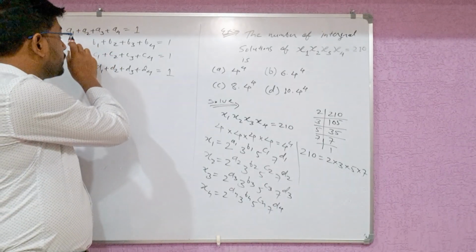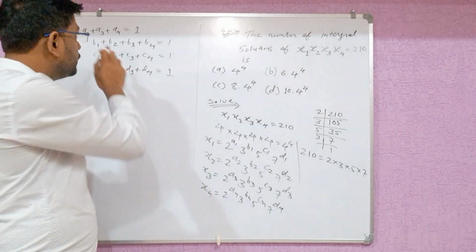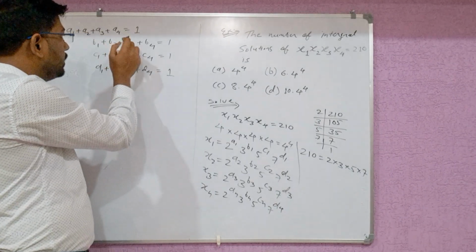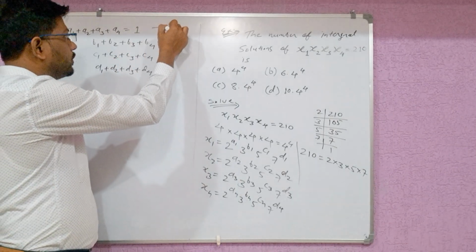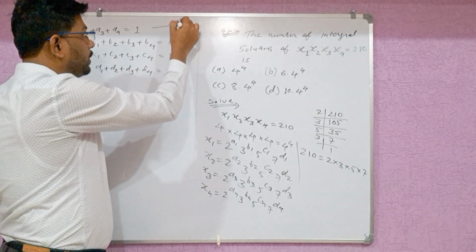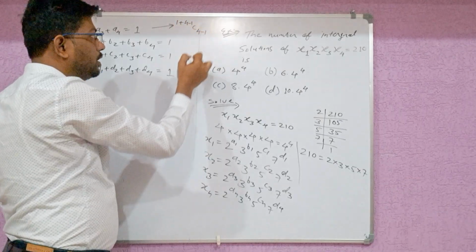Now to find the solution of these equations, I know the solution of this equation will be 1 plus 4 minus 1 C 4 minus 1. How did I get this?